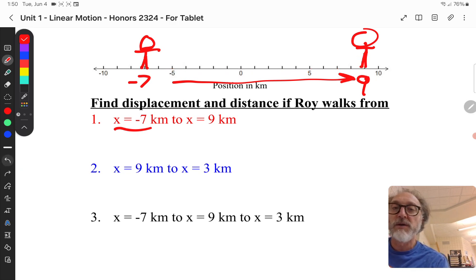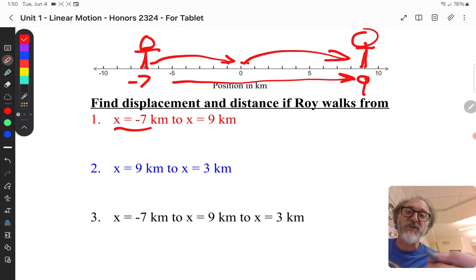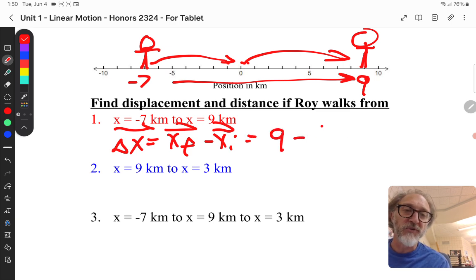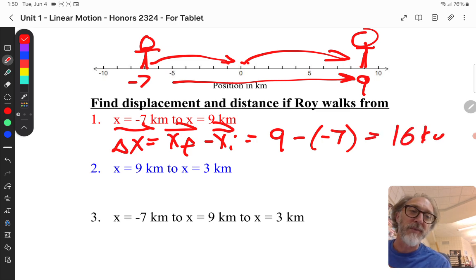It's a long walk. Or you could say, well, he's got to go 7 kilometers to get to 0, and then another 9, so 7 plus 9 is 16. Or we can do change in position is final minus initial.